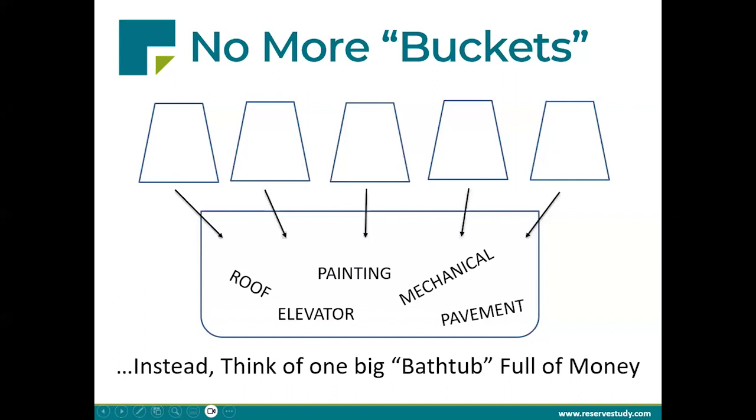And in the course of doing that, we've removed the labels from any specific categories of reserve funds. Now, all of it is just reserve money, and it is collectively available for any component on the reserve schedule. So in other words, there is no such thing anymore as a roof reserve dollar or a painting dollar or an elevator dollar. It is all reserve money that can be spent much more effectively and much more efficiently.